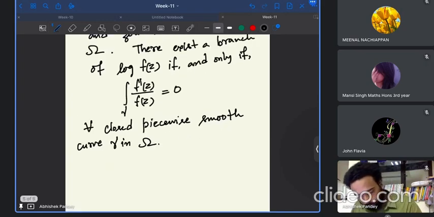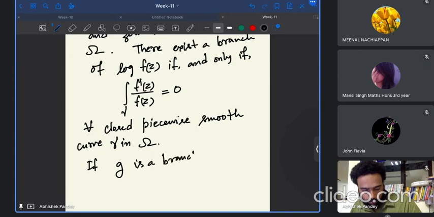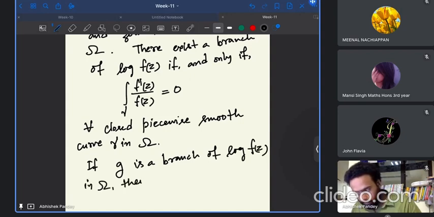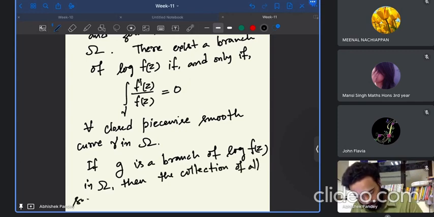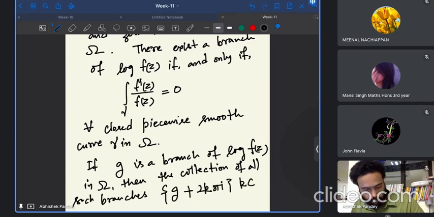and if g is a branch of logarithm of f(z) in omega, then the collection of all such branches of log of f is g plus 2k pi i, where k belongs to Z. Okay.